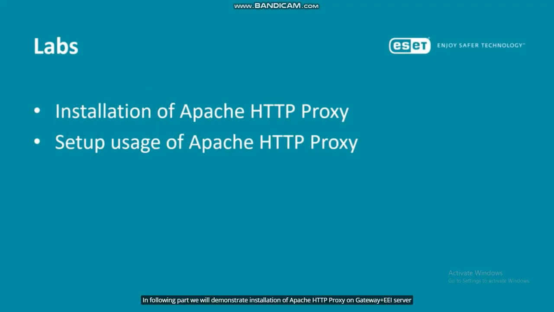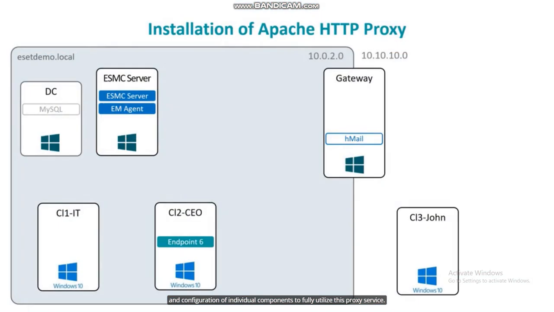In the following part we will demonstrate installation of Apache HTTP proxy on the Gateway EEI server and configuration of individual components to fully utilize this proxy service.